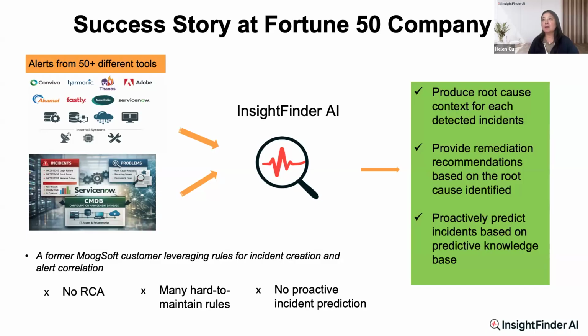So that's the three things we are trying to help them address: employ anomaly detection on their existing alerting data and perform root cause analysis before those incidents get processed by the operator, right? The moment those incidents are created in ServiceNow, InsightFinder has already populated the root cause in those tickets. InsightFinder is also seamlessly integrated with their ServiceNow.